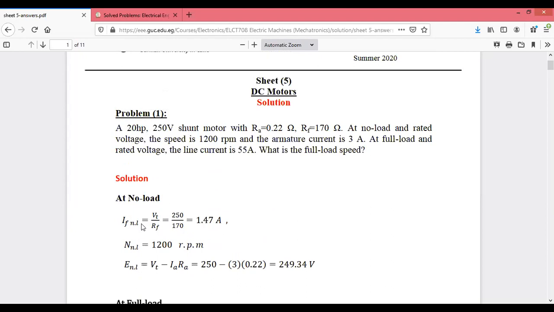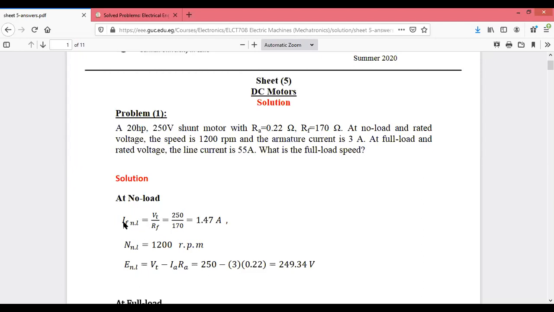It means the no load field winding current. Since this motor is a shunt motor, the armature and the field winding will be in parallel with the given voltage, and in parallel the voltage is the same.